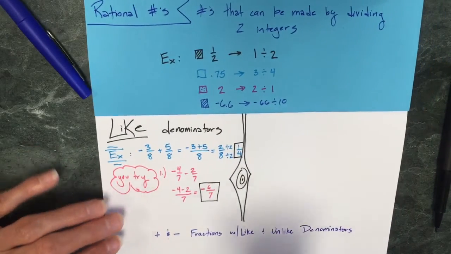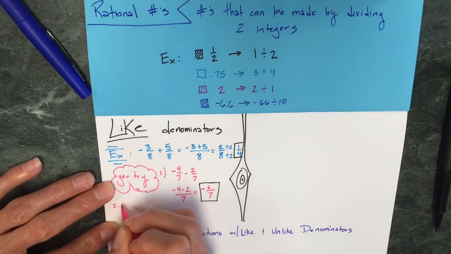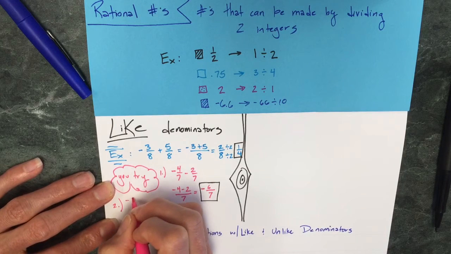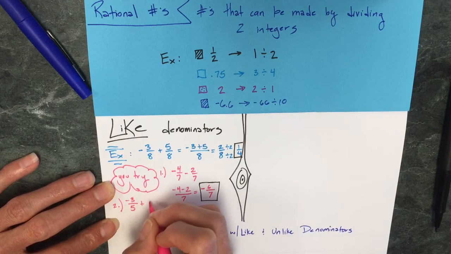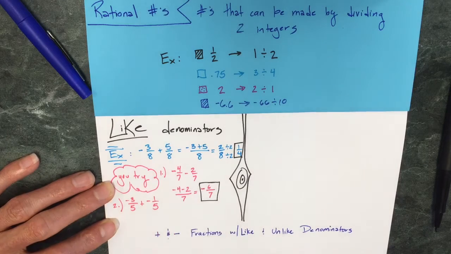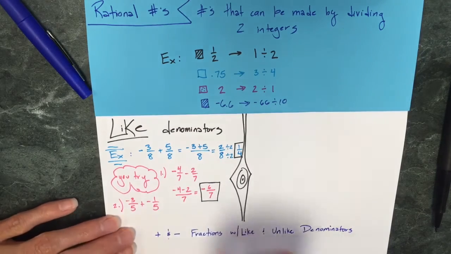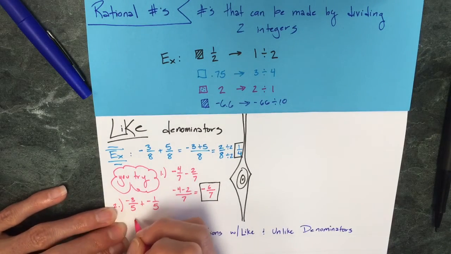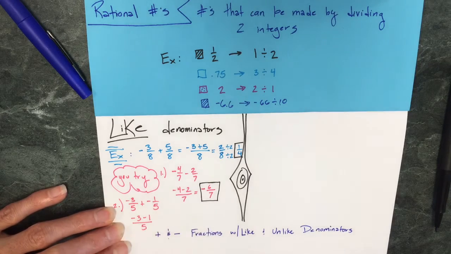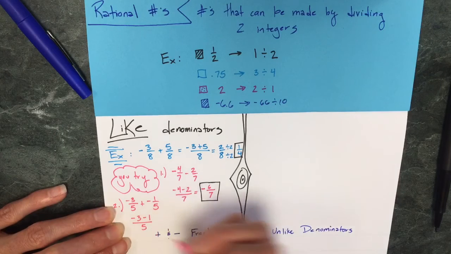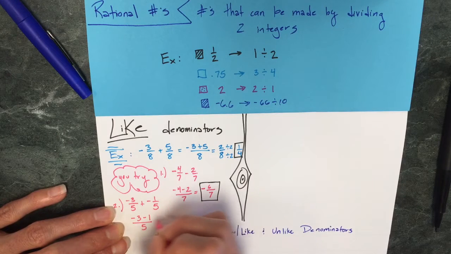Okay, let's try another one. Try negative 3/5, that's a 3, plus negative 1/5. So pause and try. Okay, so hopefully you combine your numerators, negative 3 and negative 1, same sign, just add them up.